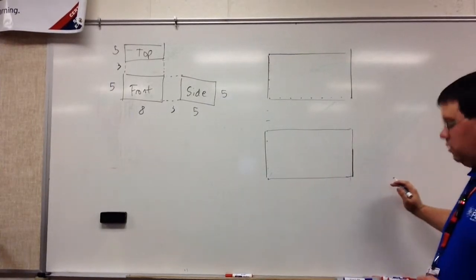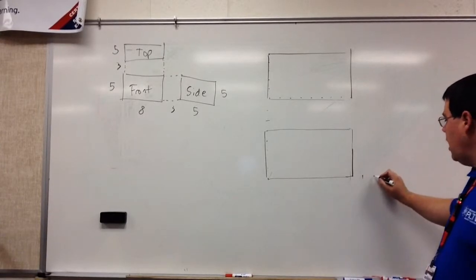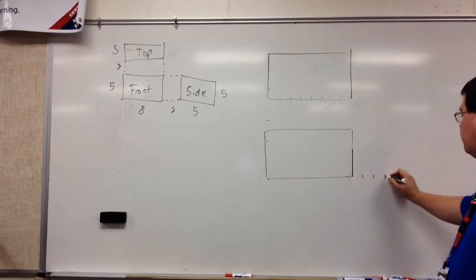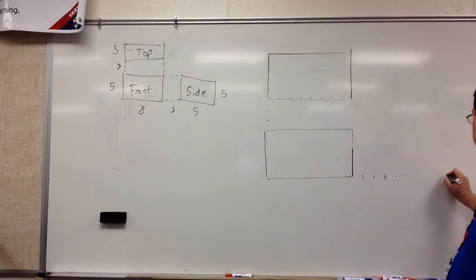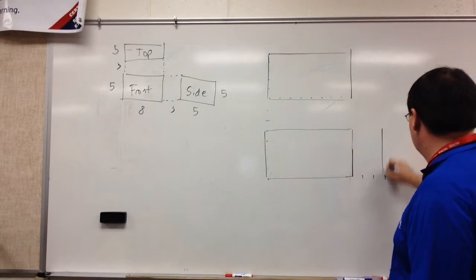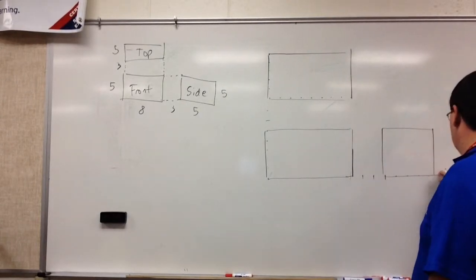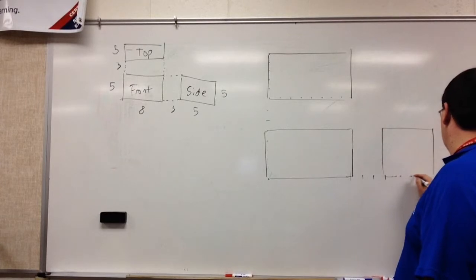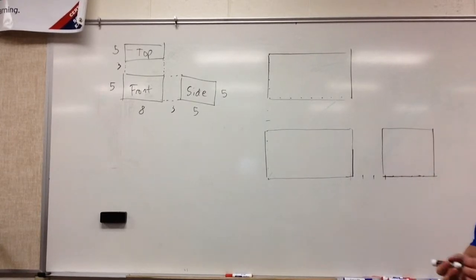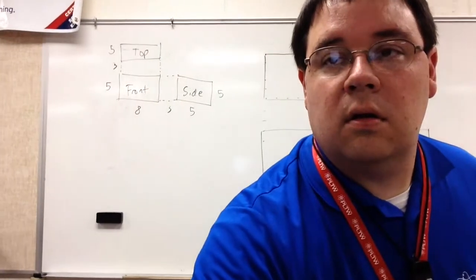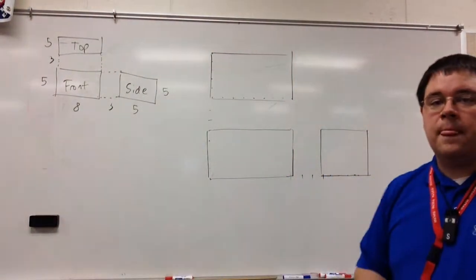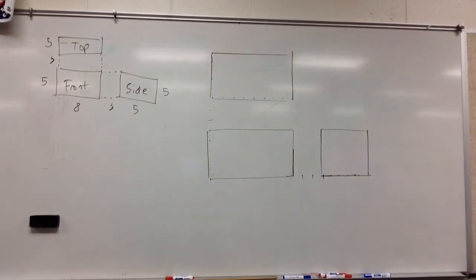And then I'm going to come over 3 blocks, 3 spaces, and then 5 for that. So that's going to lay out a square for my top, for my front, and for my side.